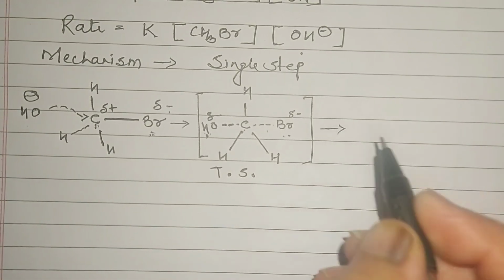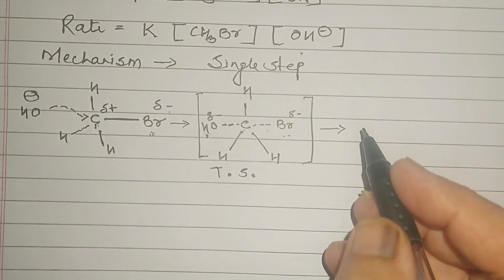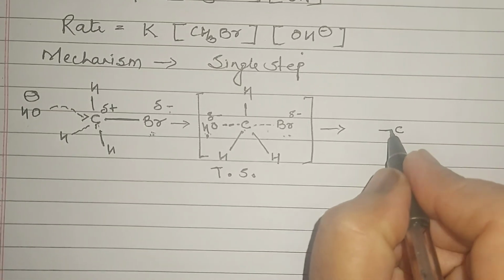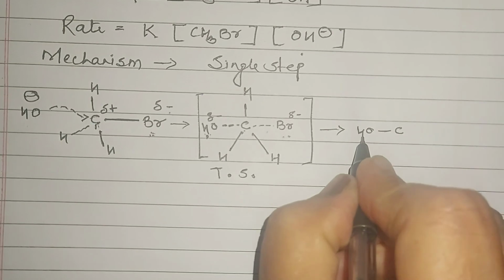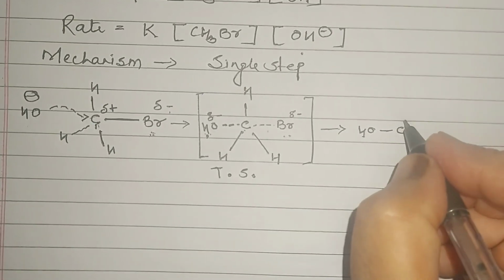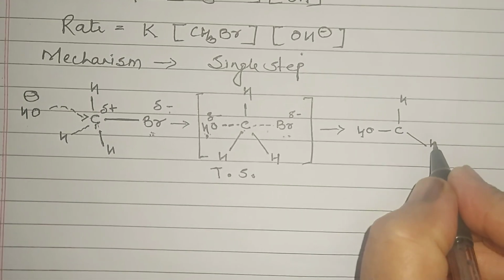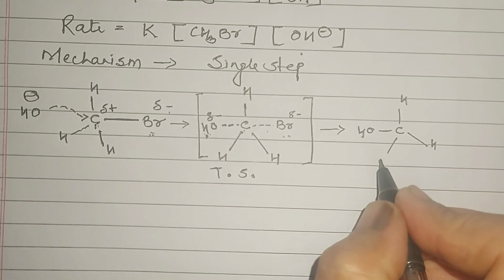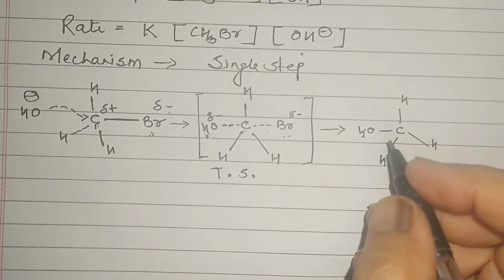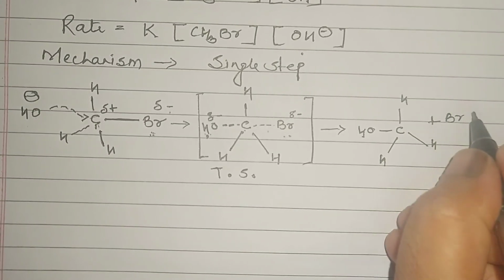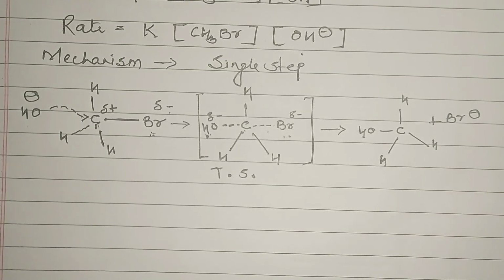After that, OH will be completely bonded to this carbon, with 3 hydrogens, and Br completely departs from the molecule.